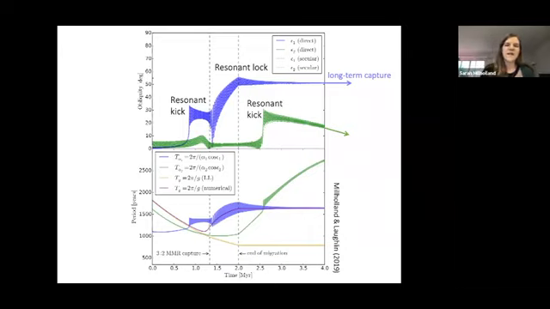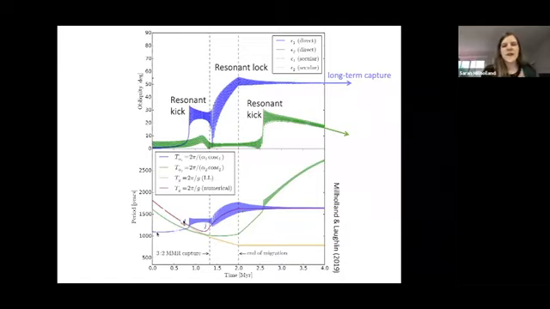There's a lot going on here, so I'm going to try to break this down. The top plot shows the obliquities as a function of time, and the bottom shows the precession periods, which is just 2 pi over the precession frequencies. If we look at these bottom curves, the blue and the green are showing the periods of the spin axis precession of the inner planet and the outer planet, and the purple is showing the period of the orbital precession.